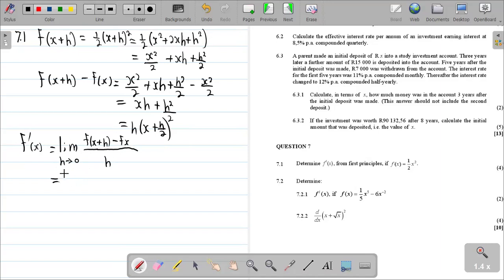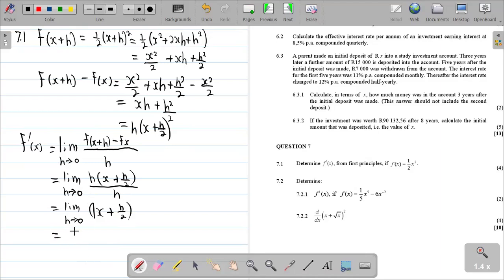So it's going to be the limit as h approaches 0, f of x, and then, we found this already, it's going to be h over 2, then divided by h, so it's going to be the limit as h approaches 0 of what? x plus h over 2.